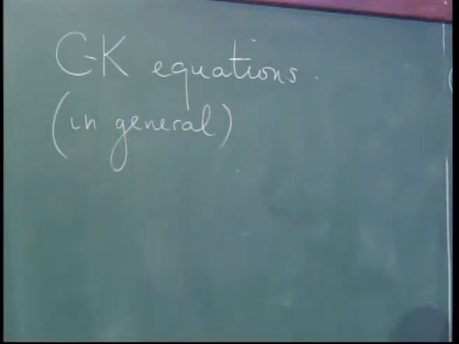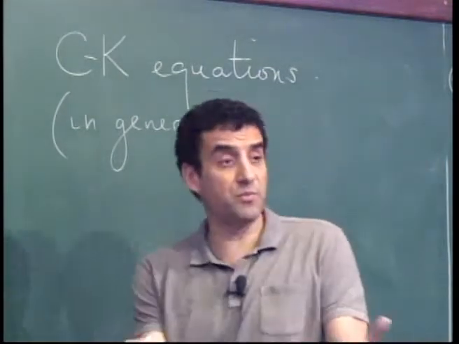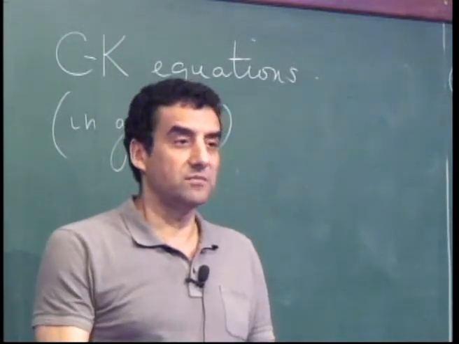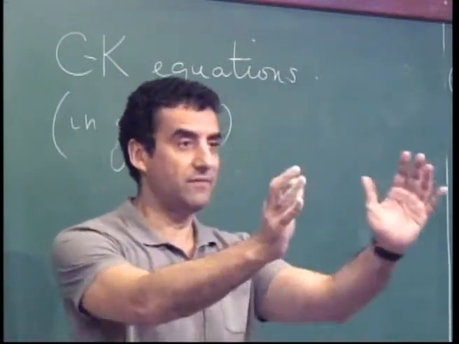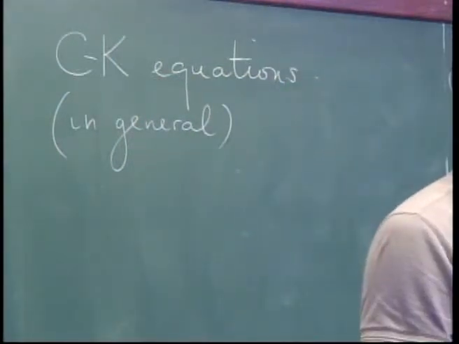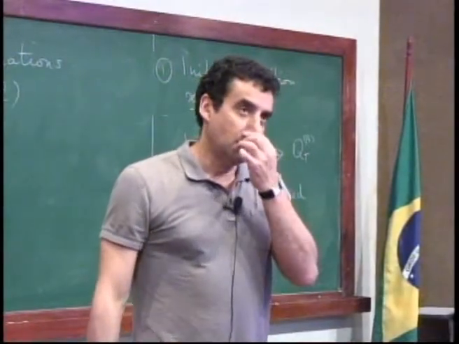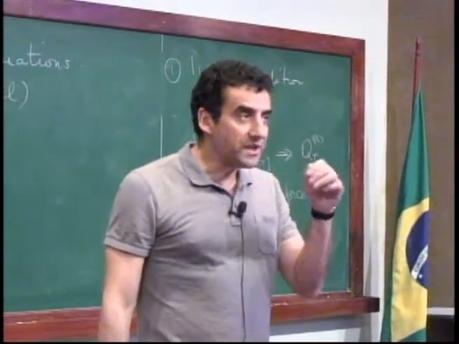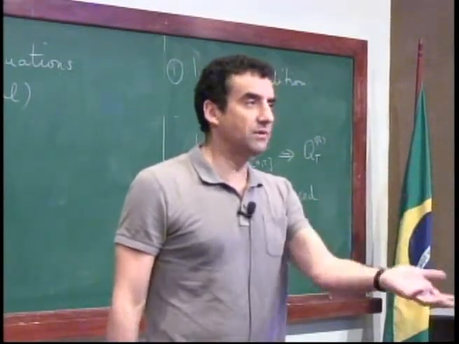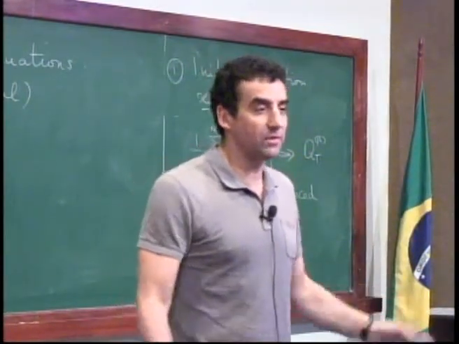What you expect is the following. When you take this Kurchan equation, now it's a problem of PDEs, if you want, or integro-differential equations. It's no longer statistical mechanics. You have one set of equations, and you try to extract information from them. Of course, we obtained those equations as a fixed point of some large transformation, but in the end, you have the equation in front of you, and you should be able to do something with it.